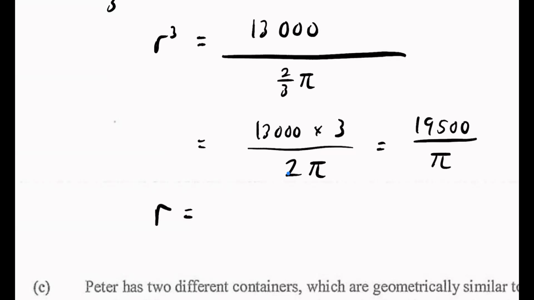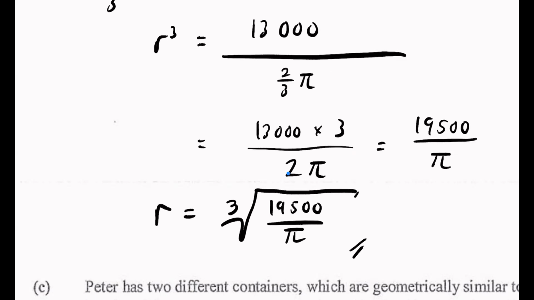How do you solve for r? Do you remember what's the opposite of cube? Cube root. Yes, correct. Do you need me to demonstrate on a calculator? Where is the cube root? No, it's okay. Some students don't know where it is. So that is the radius. Do you need plus minus?